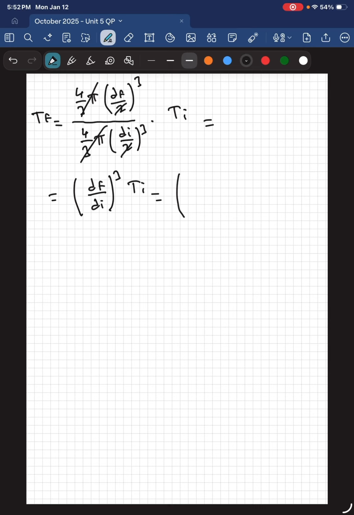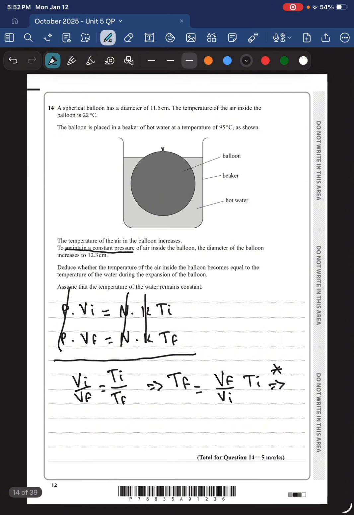So we don't have to convert to meters in this case because we have 12.3 centimeters and initially we had 11.5, also centimeters. Because centimeters and centimeters cancel, we can use centimeters in this case. If we convert to meters, that's going to work as well, but it's overkill and not needed. And this is the part where you have to be careful, because remember I said whenever you deal with temperatures, it's safest to convert to kelvins.